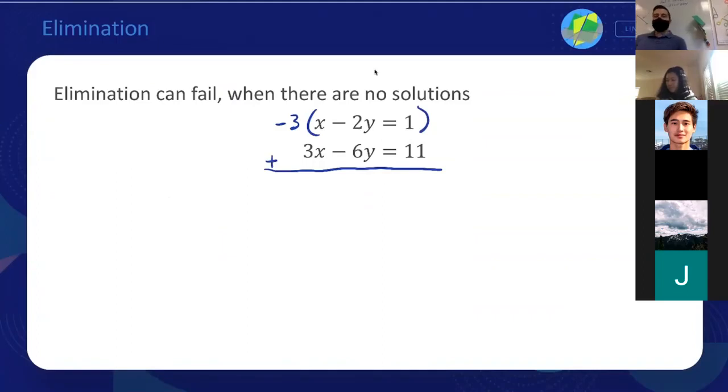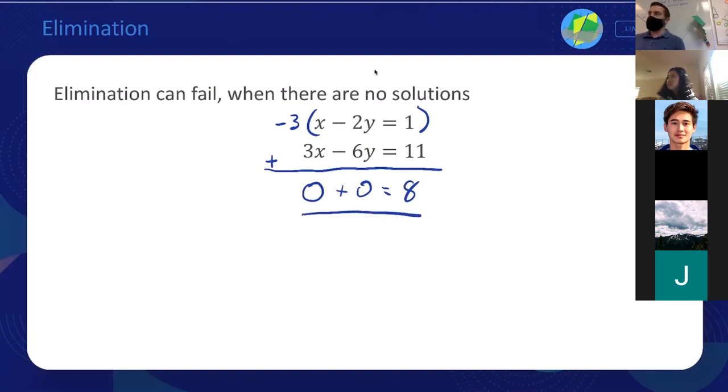Or I could take a third of the second and subtract it from the first, however you want to do it. If I take 3 times the first and subtract, I'm going to get -3x, and 3x gives me 0. I'll get a 6y, and a -6y also gives me 0. And then I'll get a -3, and 11 gives me 8.